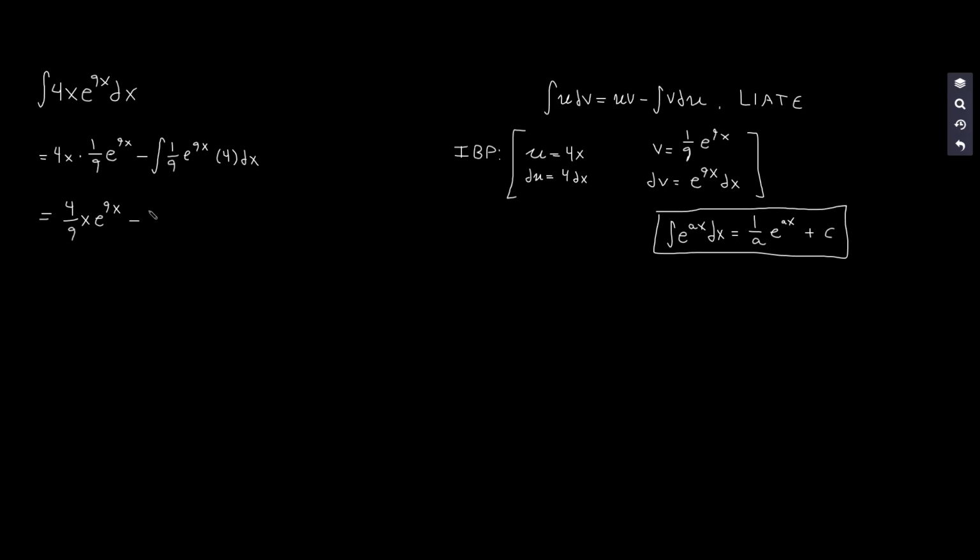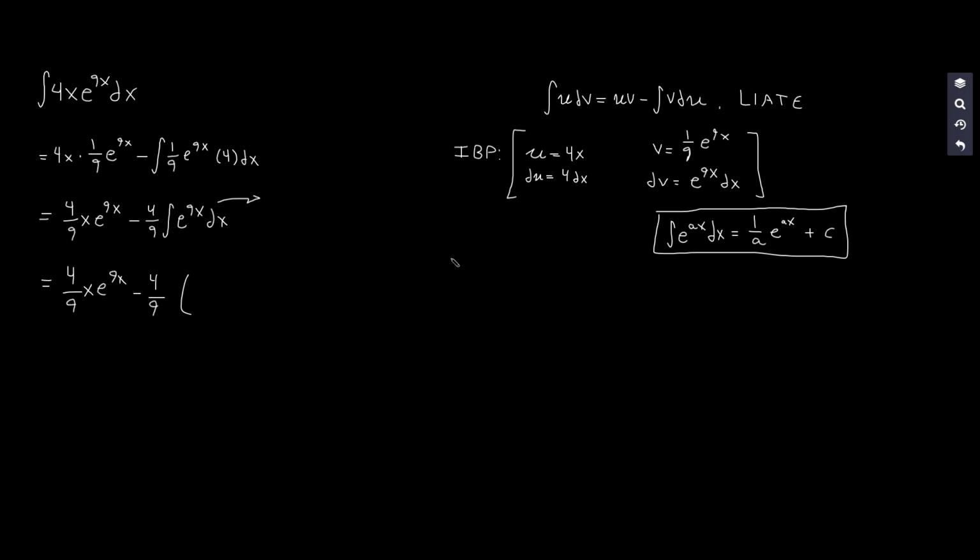So this is going to turn into 4 over 9 times the indefinite integral of e raised to the power of 9 times x, integration with respect to x. And this is a bit more manageable, isn't it? So I'm going to do 4 over 9 times x times e raised to the power of 9 times x, minus 4 over 9. And then if I take the integral of this, we're going to apply the same formula here.